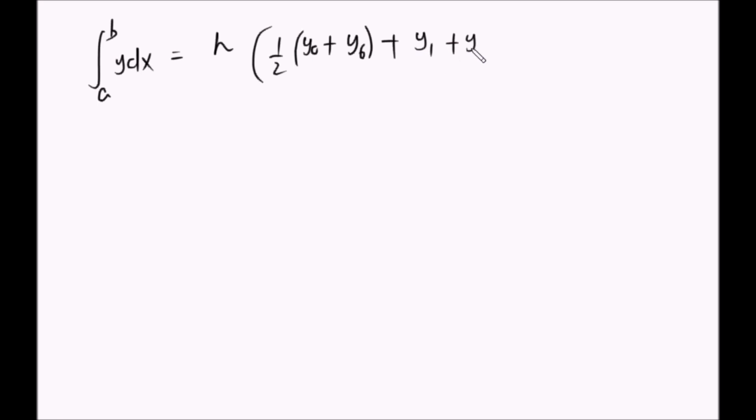So we have y1, y2, y3, y4 and y5. So in this example niliotumia leo ku conceptualize hii trapezoidal rule, nimegawanya area under curve into 6 strips. Lakini sio lazima iwe 6 strips, could be any number of strips. Let's say n number of strips. Nevertheless, the formula still remains the same.